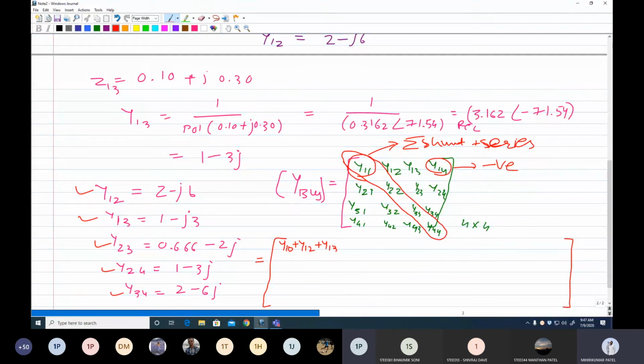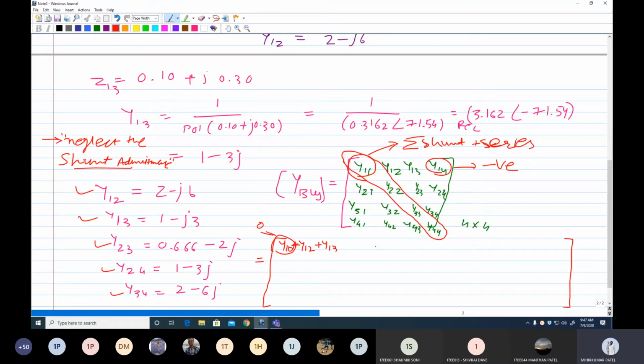I forgot to tell you one condition. In your example it is given to neglect the shunt admittance. If it is not given, you can directly consider the shunt admittance equal to 0 for the entire network.